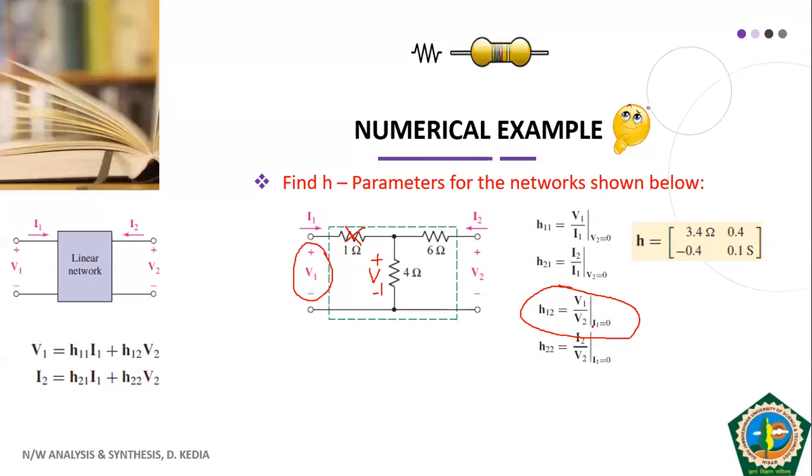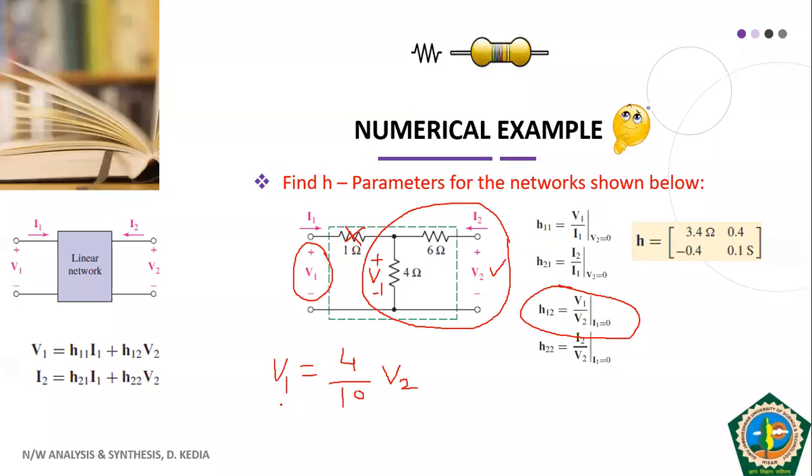Due to this condition, you now apply the voltage divider rule: this voltage V2 is divided into voltage across 6 ohm and voltage across 4 ohm. We are interested in the voltage across 4 ohm because that is V1. So by applying the voltage divider rule, V1 is equal to 4 ohm first, then total resistance, that is 4 plus 6, that is 10, and total voltage is V2.